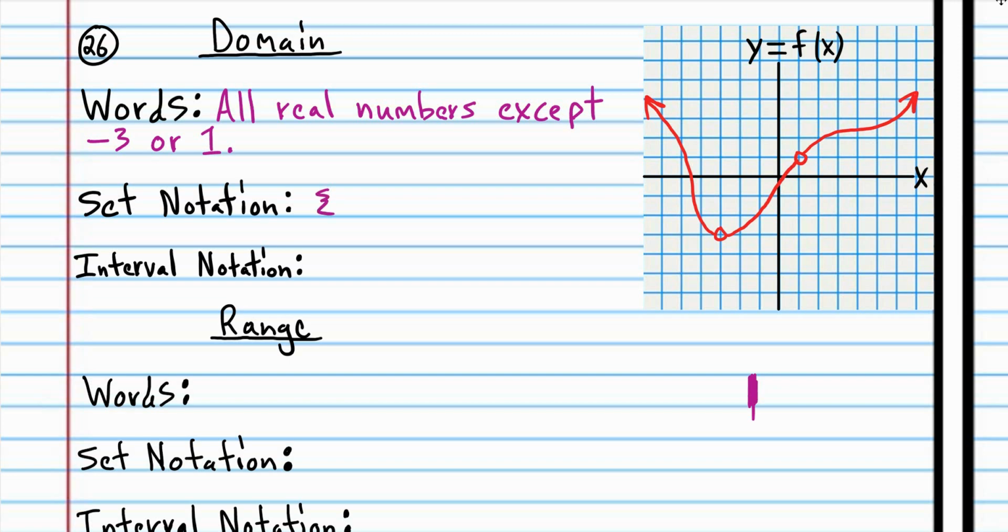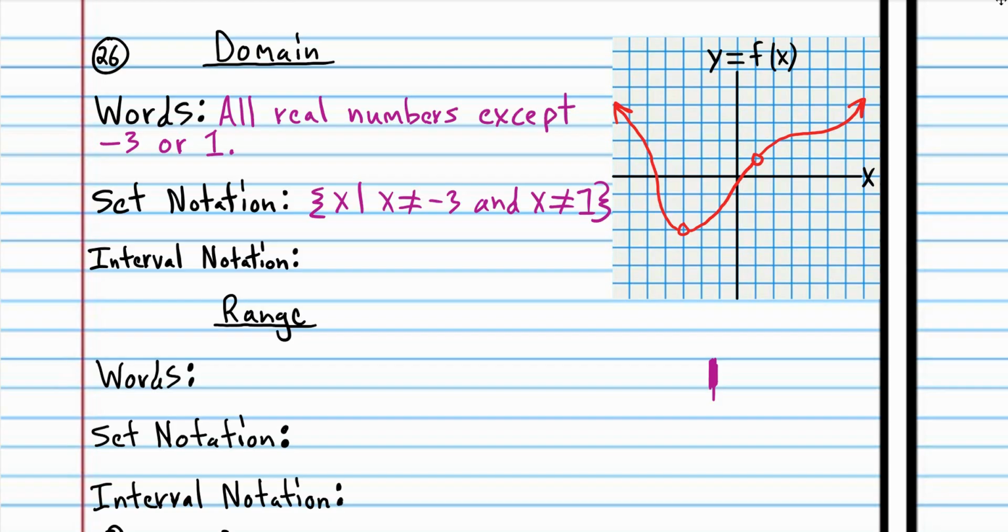So it's the set of all x values such that x is not equal to negative 3. In this case, and would probably be more appropriate. In interval notation, we write negative infinity to negative 3, parenthesis, union symbol, negative 3, comma 1, and a union symbol.